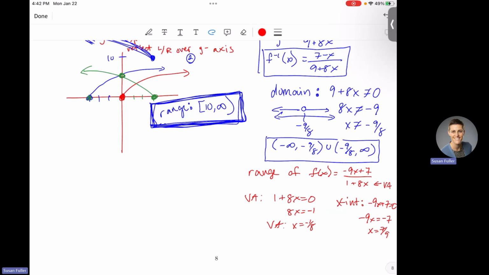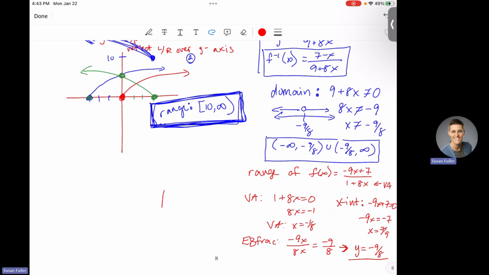And to find my horizontal asymptote, I'm going to look at my end behavior fraction. My end behavior fraction is my leading term on top, negative 9x, over my leading term on the bottom, 8x. That simplifies to negative 9 over 8. And that's just a number. As x goes to infinity, that stays as is. So that means my function looks like y equals negative 9/8 at the ends.